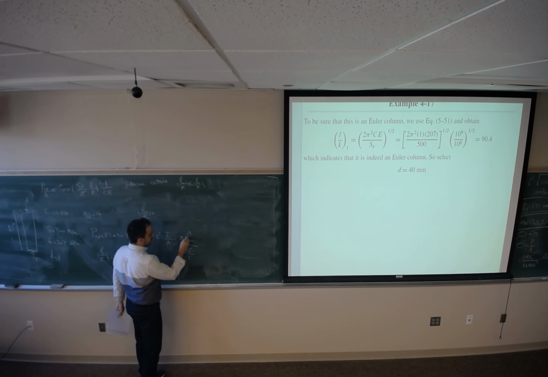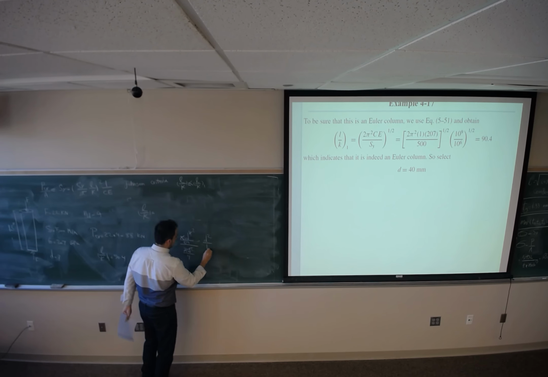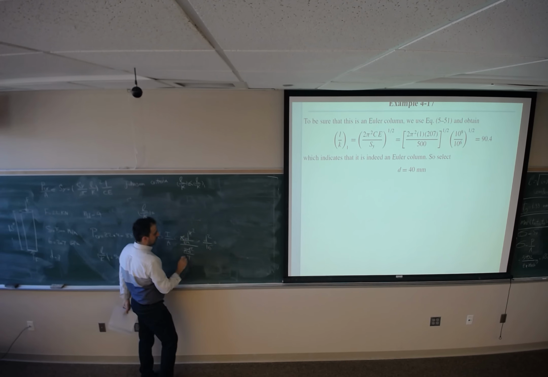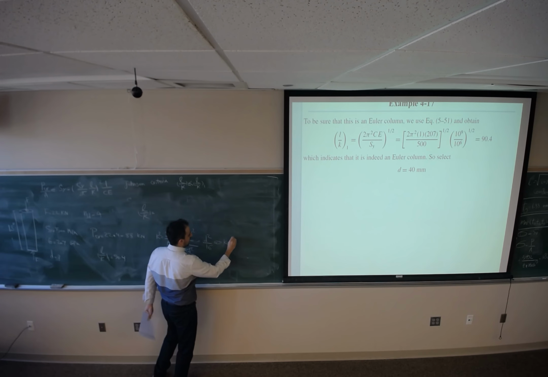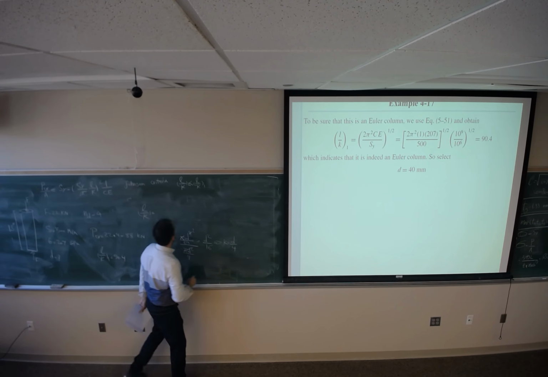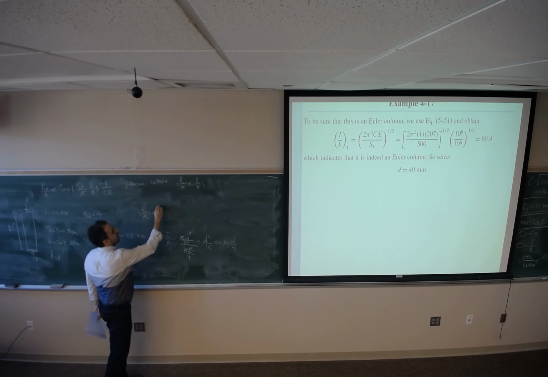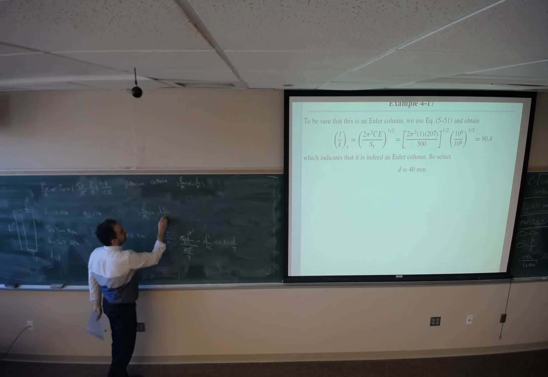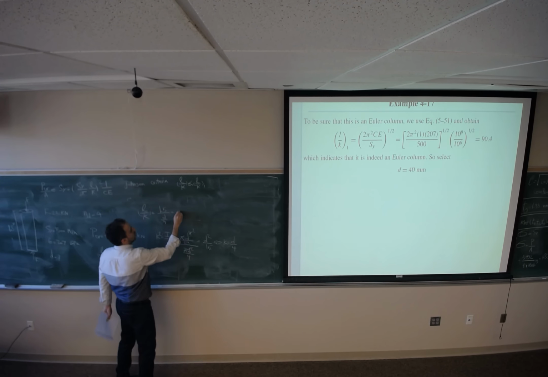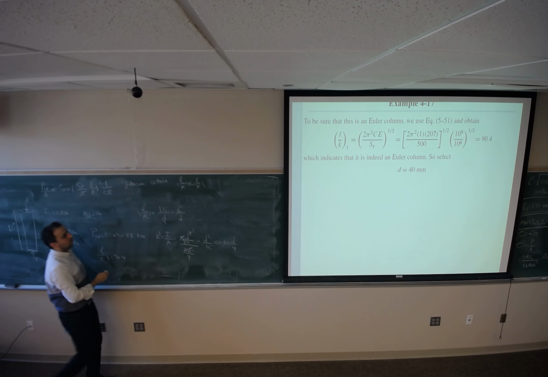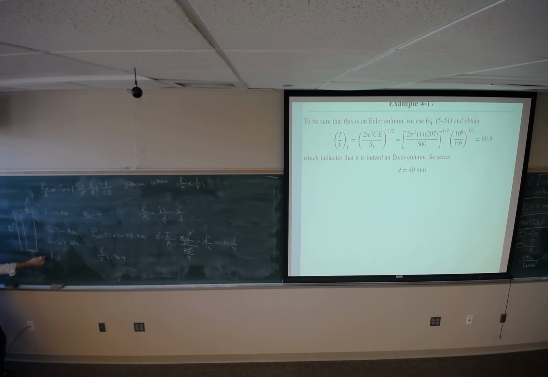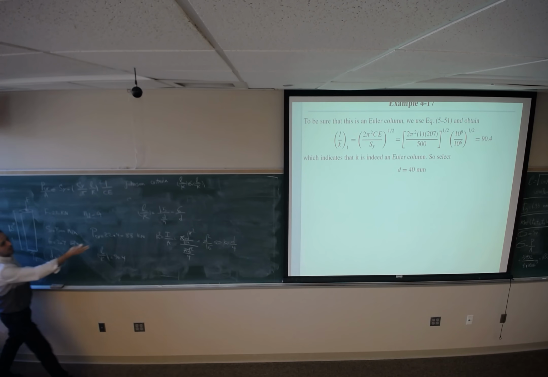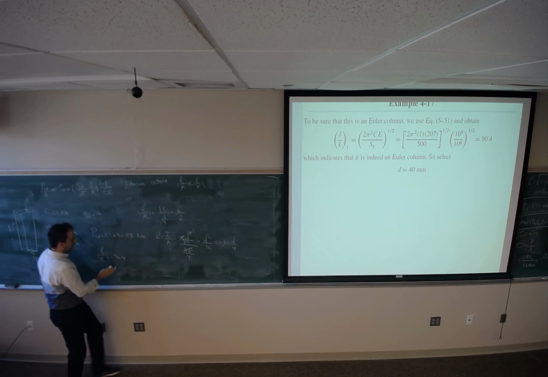This is going to be d squared divided by 16. K would be d over 4. So L over K is 1.5 divided by d over 4, or 6 divided by d. But we don't know what d is because we are going to find d. So we cannot compare this one with 90.